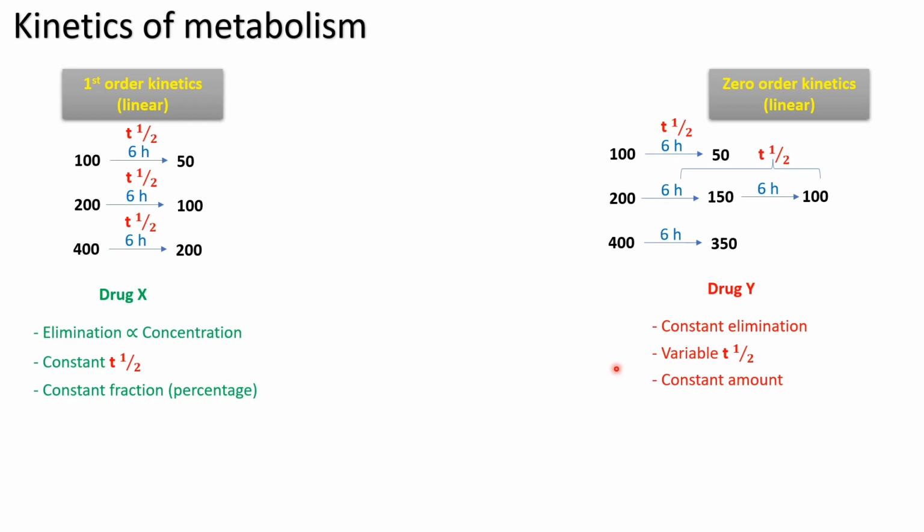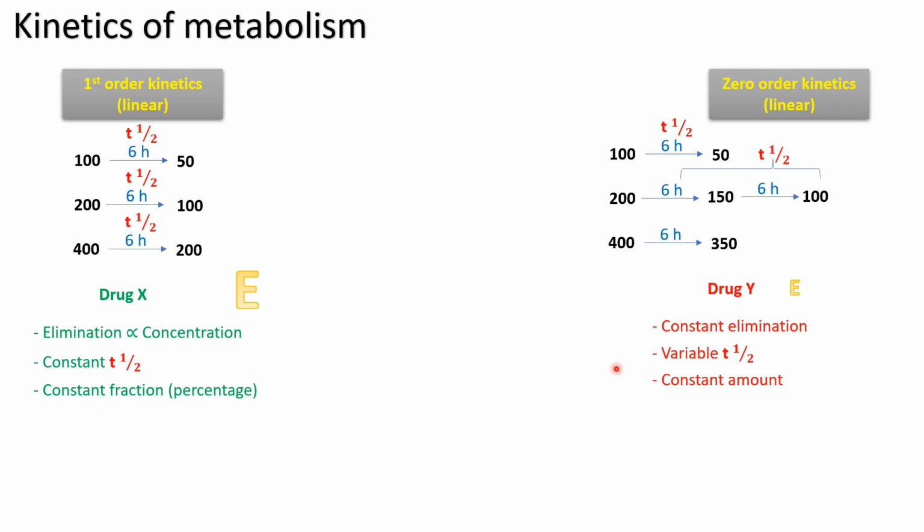Alright, we also call it nonlinear kinetics. The enzymes of metabolism of first order kinetics, we can call them strong enzymes, while the enzymes of zero order kinetics are weak enzymes.